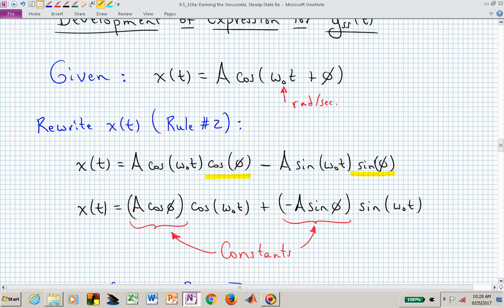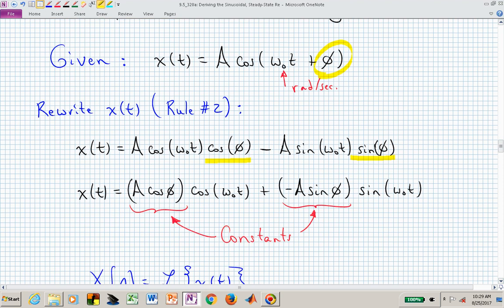Again, I haven't changed the frequency, I just now have a linear combination of sine and cosine that are present because of this phase shift. If that phase shift wasn't there, obviously I would just have a cosine omega naught t. By including that phase shift, it's now a more general derivation, but that simply says that I'm still shaking the system at the same frequency, omega naught, in both the cosine and the sine.